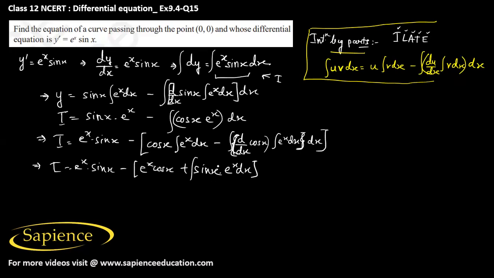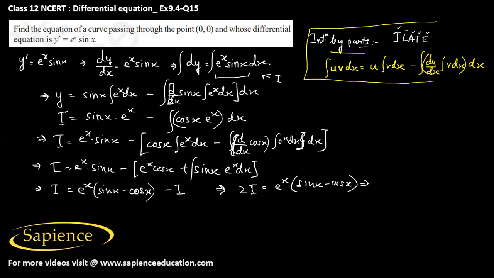So this is again your I. So I equals e power x times sine x minus cos x, then minus I. It means 2I will be equal to e power x into sine x minus cos x. Therefore the value of this integral will be e power x by 2 times sine x minus cos x.